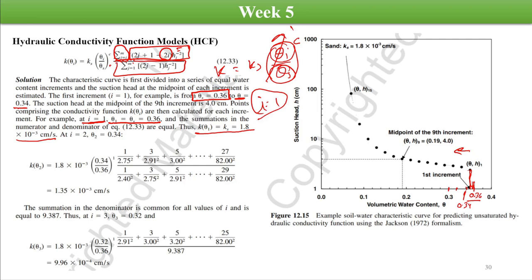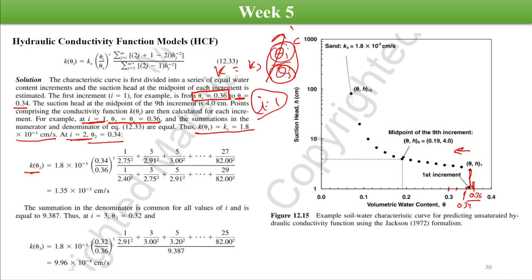Now we'll calculate for I equal to 2. For I equal to 2, we start from 0.34 and move to 0.32. So for I equal to 2, theta 2 is equal to 0.34.